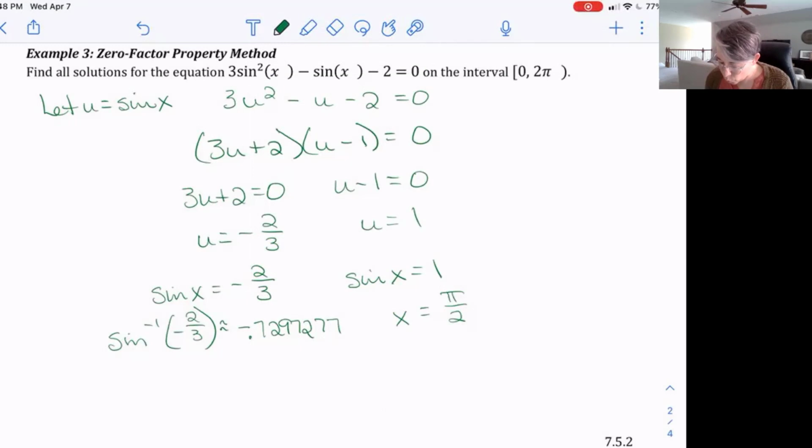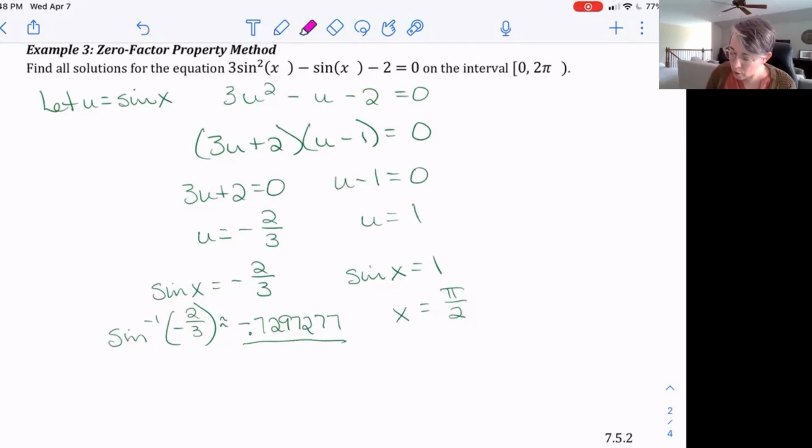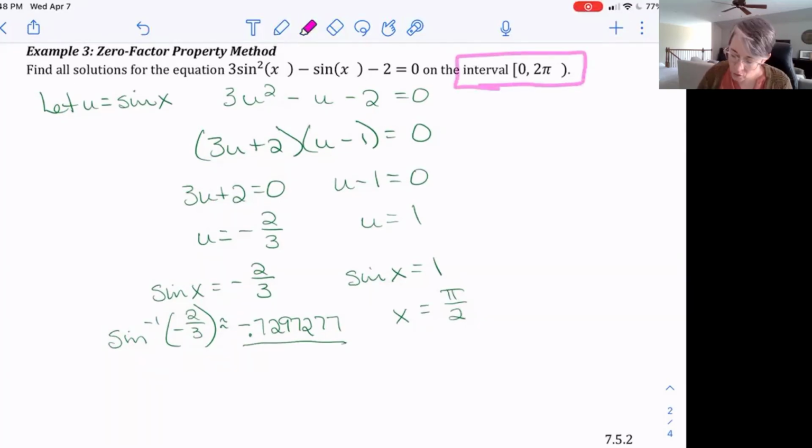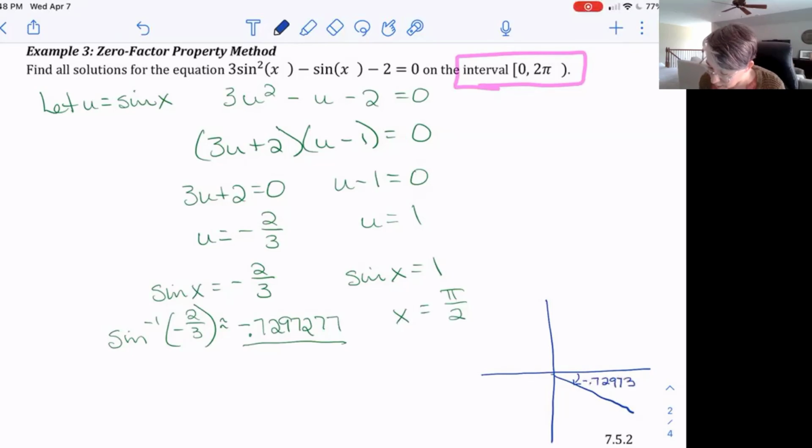So let's write that. Here's the value that we got in our calculator, -0.72973. But notice that's not in our interval that was given to us. So let's draw that and get an idea of where it is. So if we're down here somewhere, and this angle here is -0.72973, we'll say.